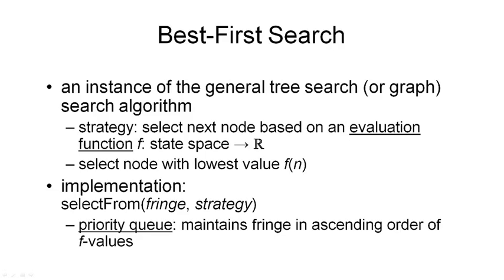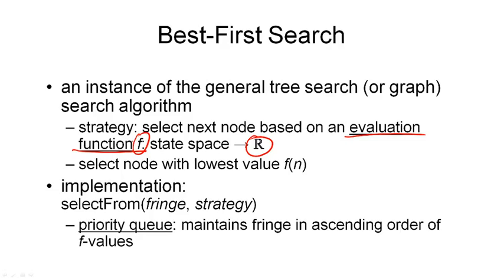In best first search, we use a strategy that uses an evaluation function f to decide which node in the state space to explore next. And again, the evaluation function maps a node in the state space to a real number r. In general, we will choose that node from the fringe which has the lowest value f. So the evaluation function determines the search strategy in best first search.